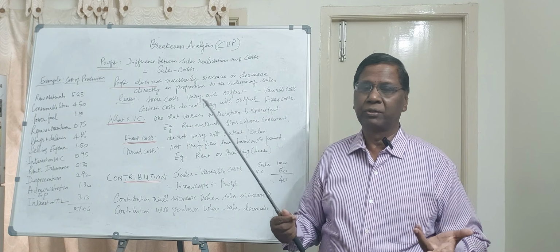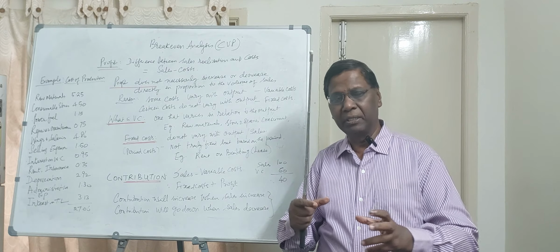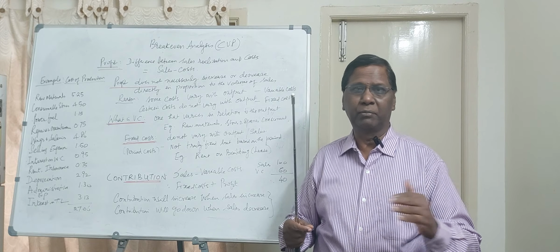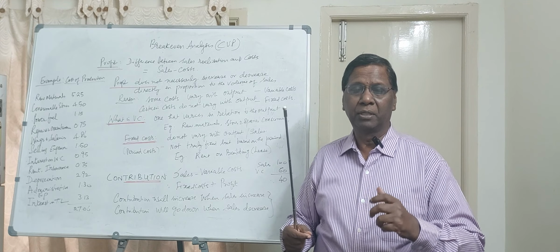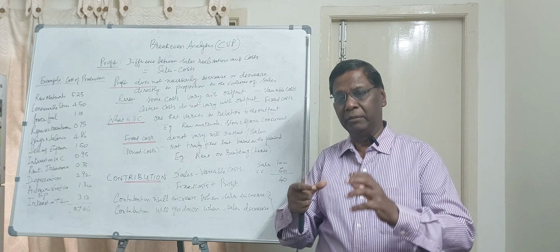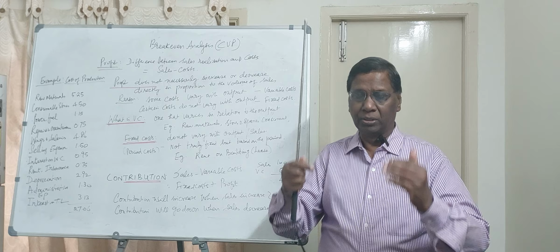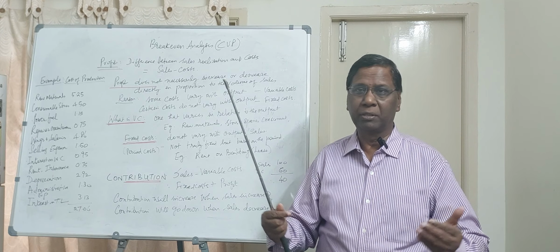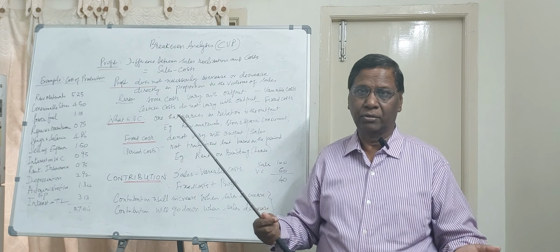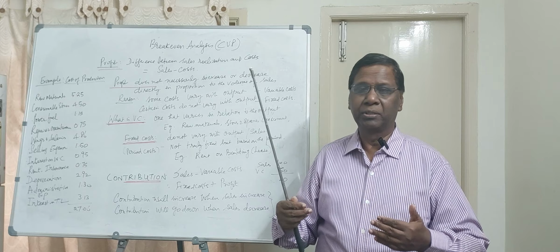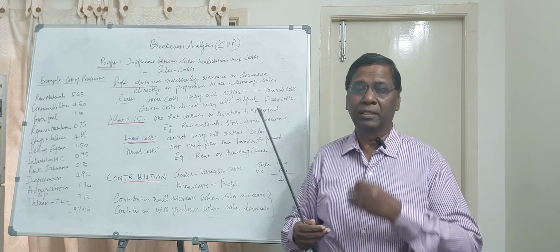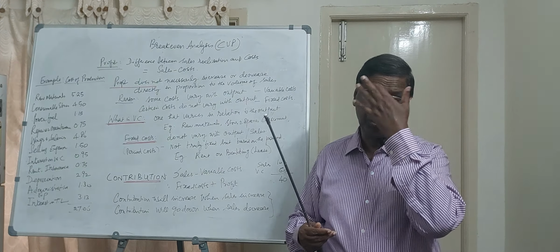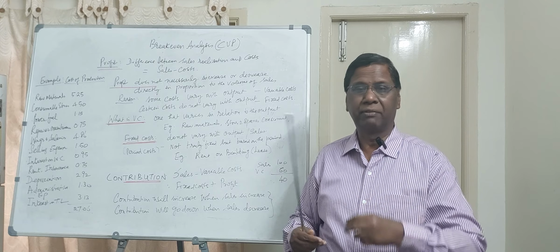Losses will come in the initial period, that's okay, no doubt. Teething problems will be there, and you'll be incurring some losses. But that is not the aim. Ultimately, you have to settle down and start earning a profit. Profit will not come all of a sudden in the first year itself, and in the second year also you may have some teething problems, marketing problems, and other things. But as you settle down, it will start fetching profit.